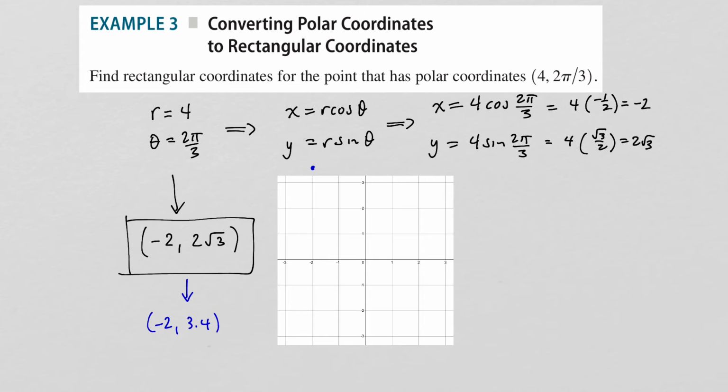And then notice that if you draw a line segment to the origin here, this angle right here would be 2 pi over 3, and this would be 4 units. And if I show the triangle here, this is the negative 2, and this is the 2 radical 3. And you should recognize that this is a 30, 60, 90 triangle there.